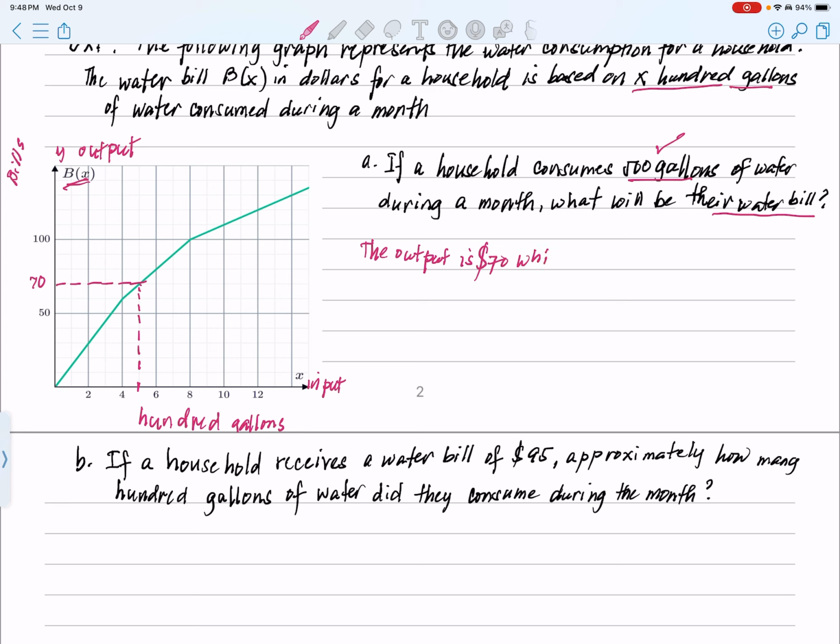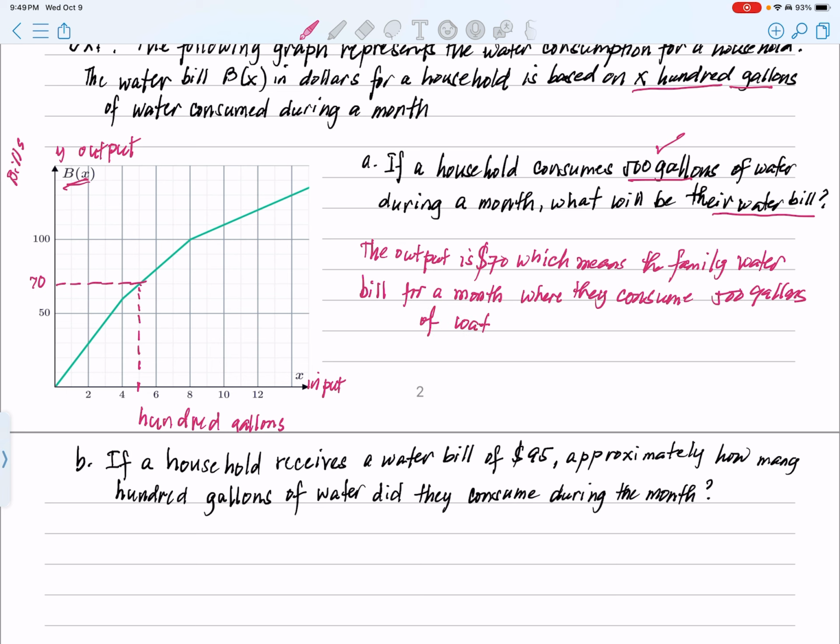Which means the family's water bill for a month, where they consume 500 gallons of water, we find the output.